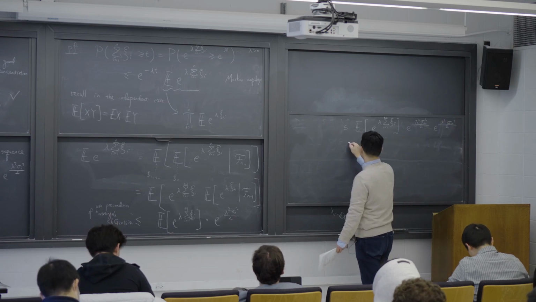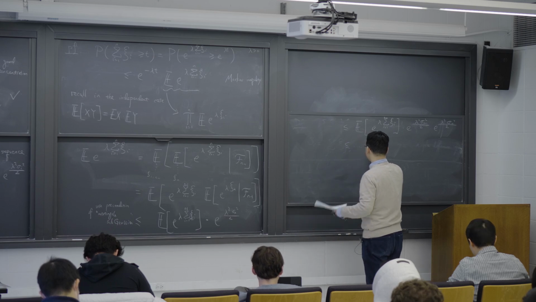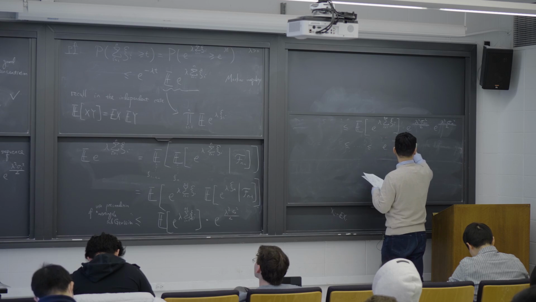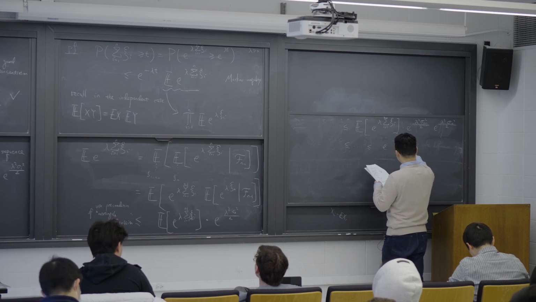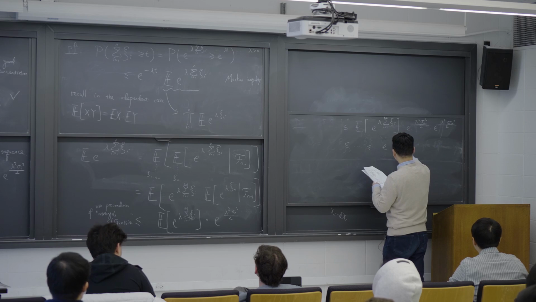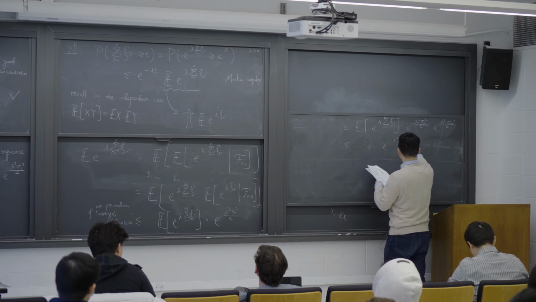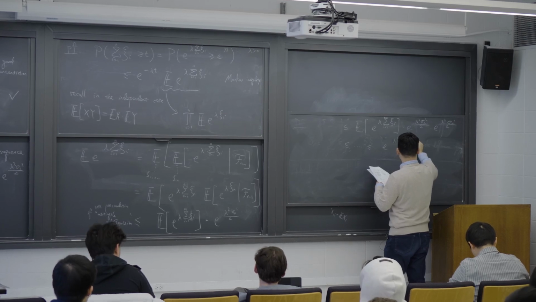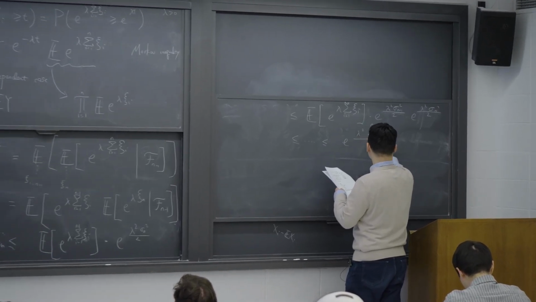So eventually we repeat the entire process again and again, and we end up with a single scalar, e to the lambda squared times the summation i from 1 to n of sigma i squared over 2.